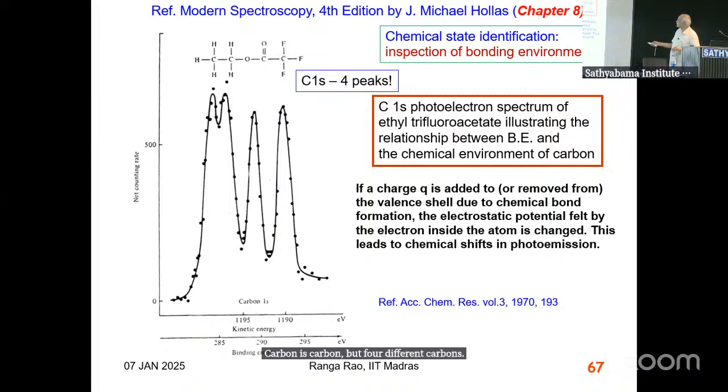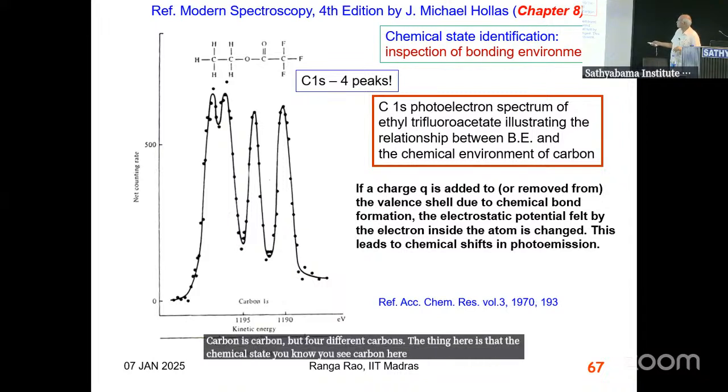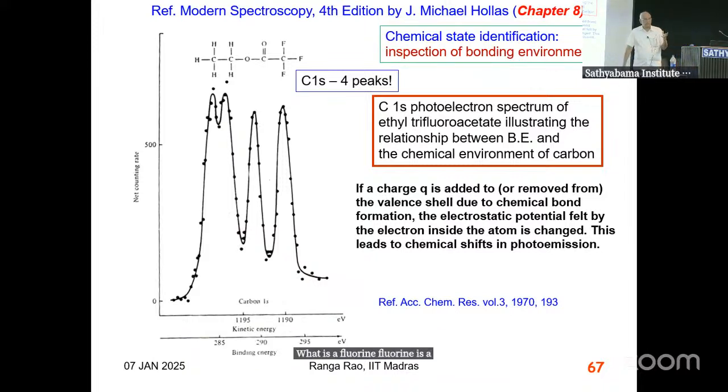The thing here is the chemical state. You see this carbon and this carbon and this carbon, the surrounding is different. You see that surrounding here? This carbon is surrounded by fluorines and then CO group. What is fluorine? Fluorine has a negative inductive effect. Chemistry students understand that negative inductive effect.